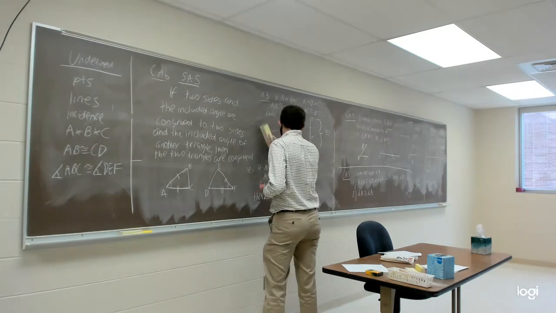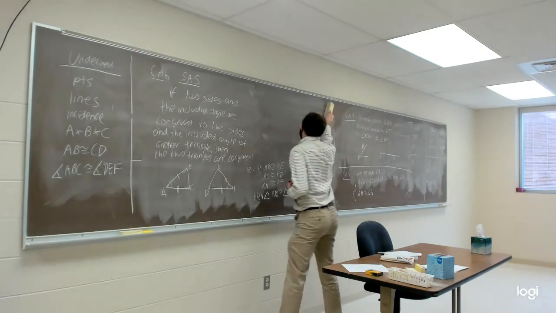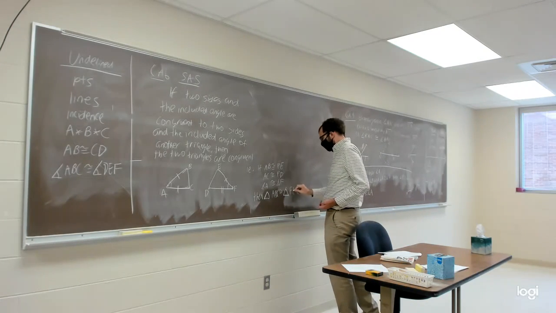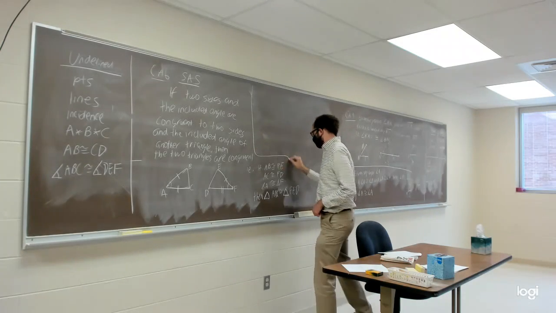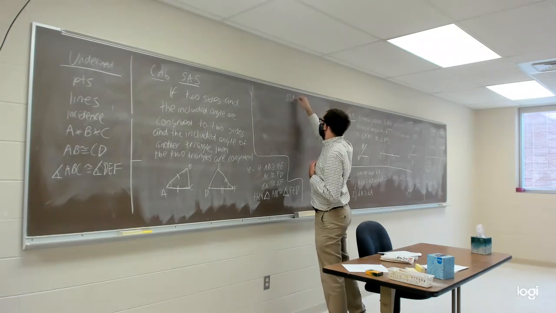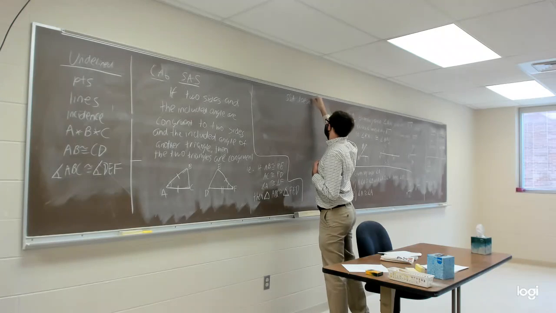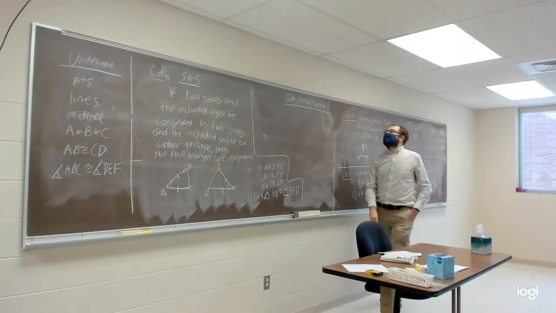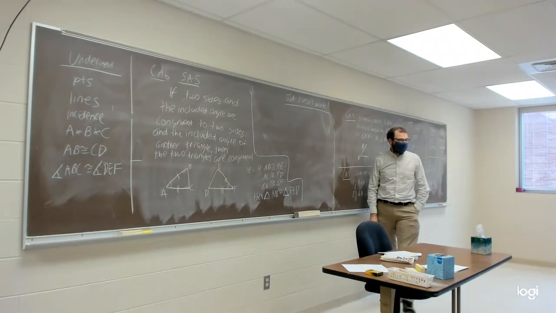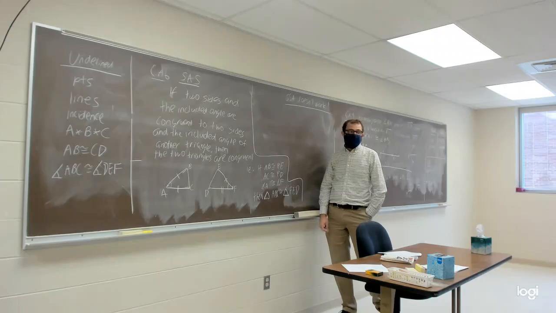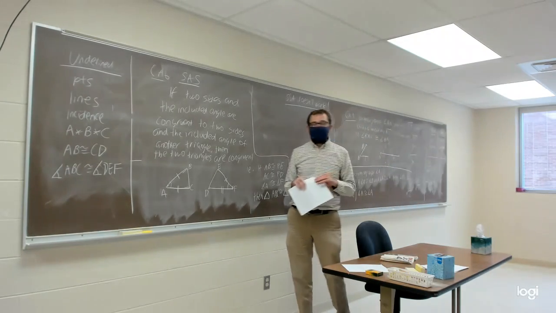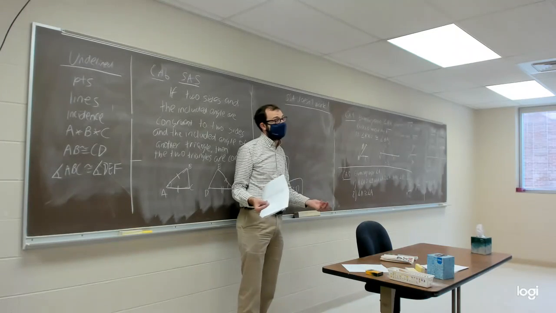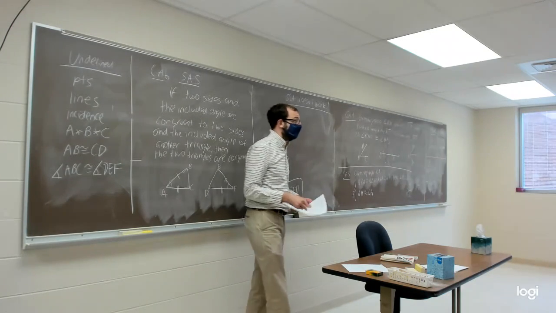For instance, side side angle is a pack of lies. So, if you've ever seen why side-side-angle doesn't work, here's an example. I can give you two triangles where 2 of the sides are congruent and the 3rd angle is congruent, but the triangles themselves are not congruent. Here's the triangles.